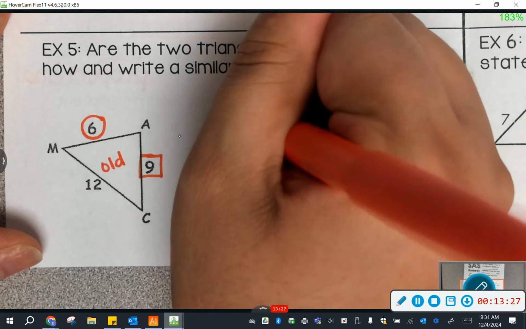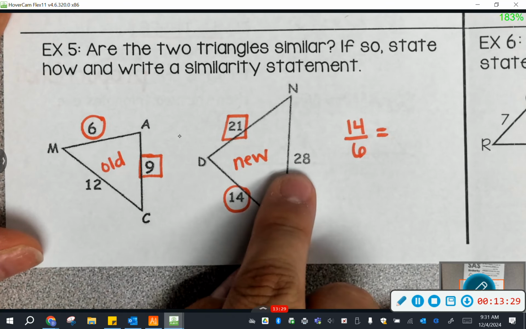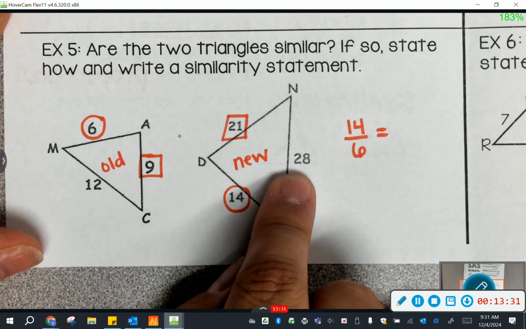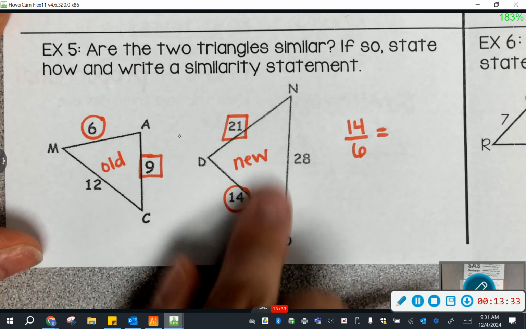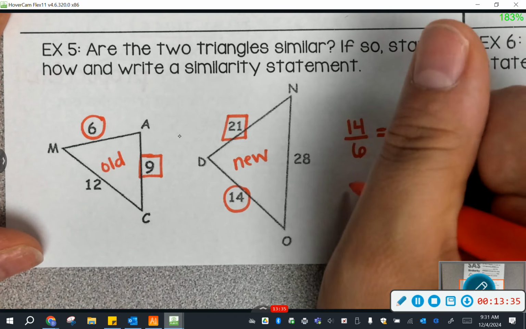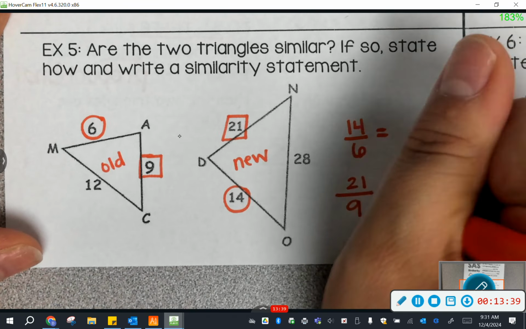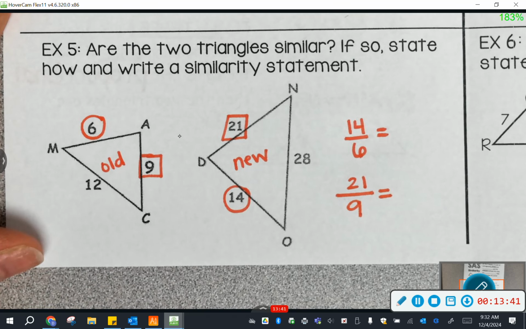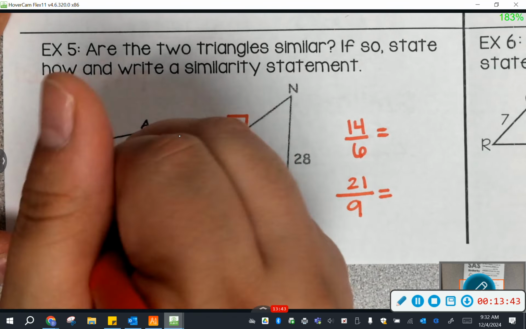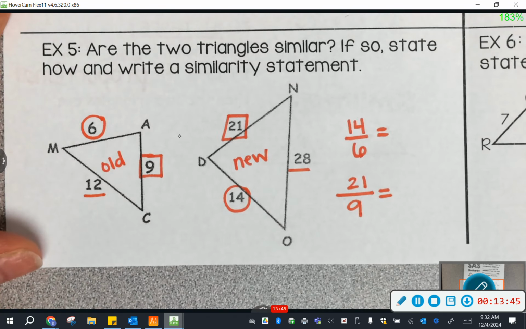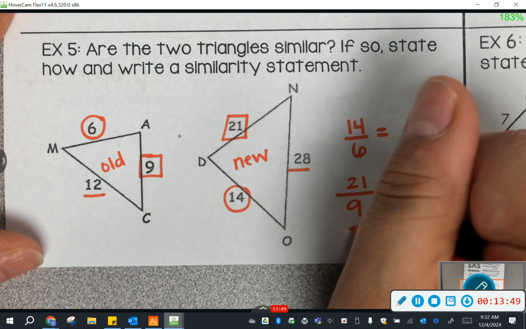Do you see how if you don't do this, you might put 9 with 28? That's not right. You have to go in order of the numbers. So I'm going to do new over old. Last but not least, my biggest number on the triangles, I'm going to underline. And again, new over old.